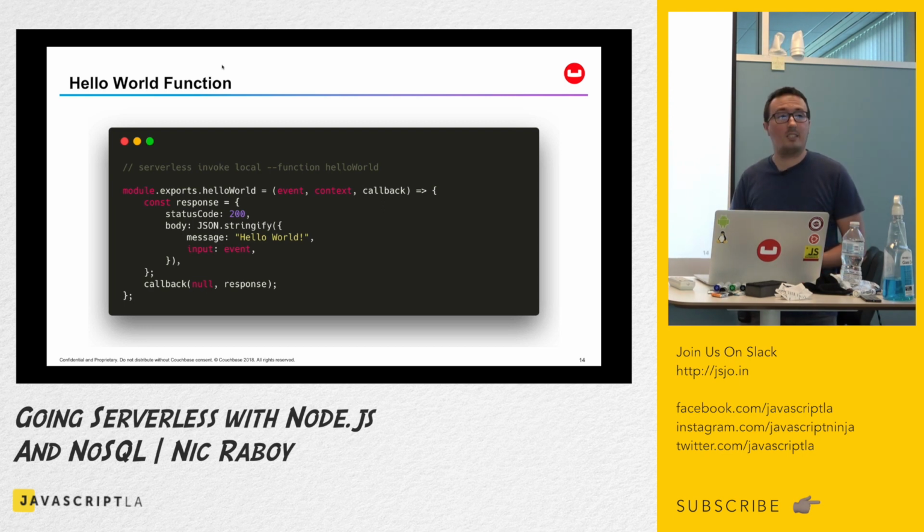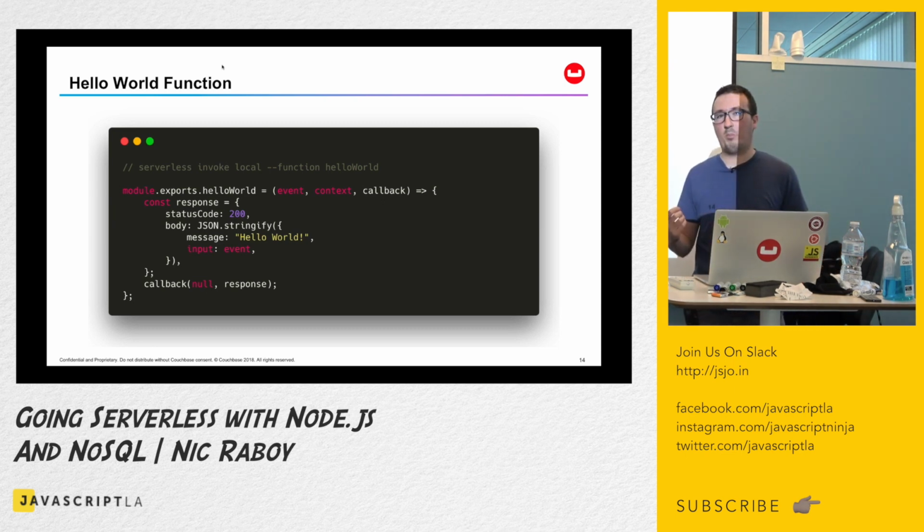You have a context, which you can gather information about the function itself, so maybe how long it's been running, things like that. And then the callback on what to do upon success or error. So in this case, we're doing a success. We're saying it's going to return a 200 response, and we're going to say hello world in a message. We're also going to return whatever is available as far as the event, so whatever was passed into this function. And then the callback for the error is going to be null.